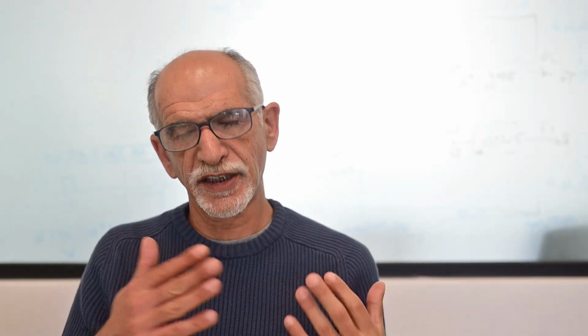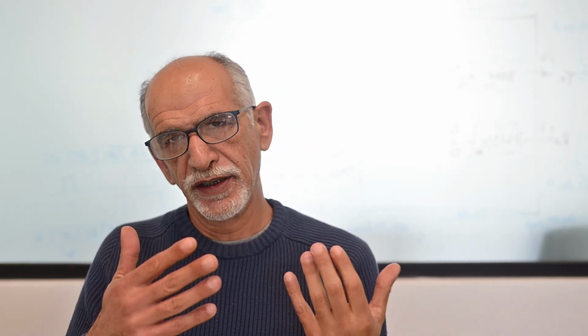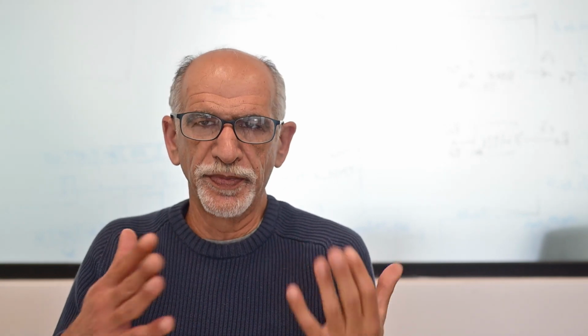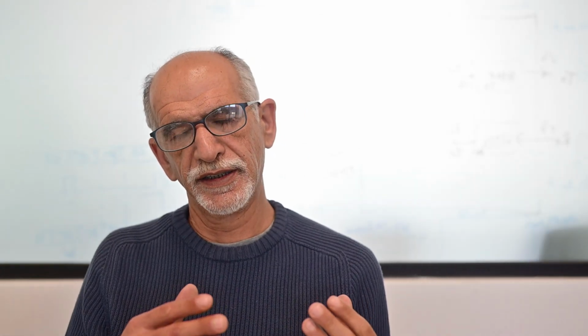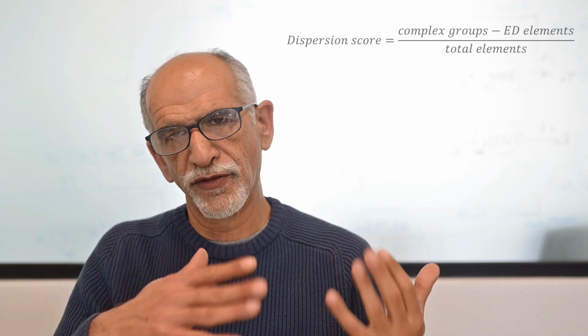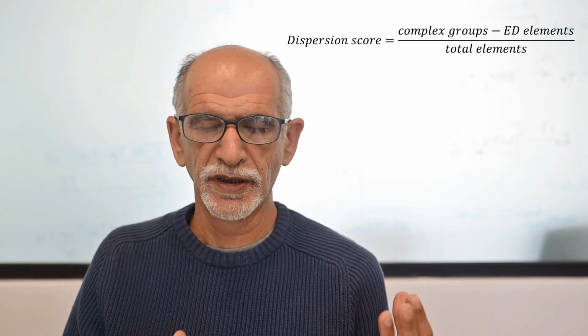I recently suggested a function or a formula to predict the rendering of an optical device or a photographic lens. I call this the dispersion score. It is calculated by subtracting the count of ED elements in the lens from the count of complex groups.